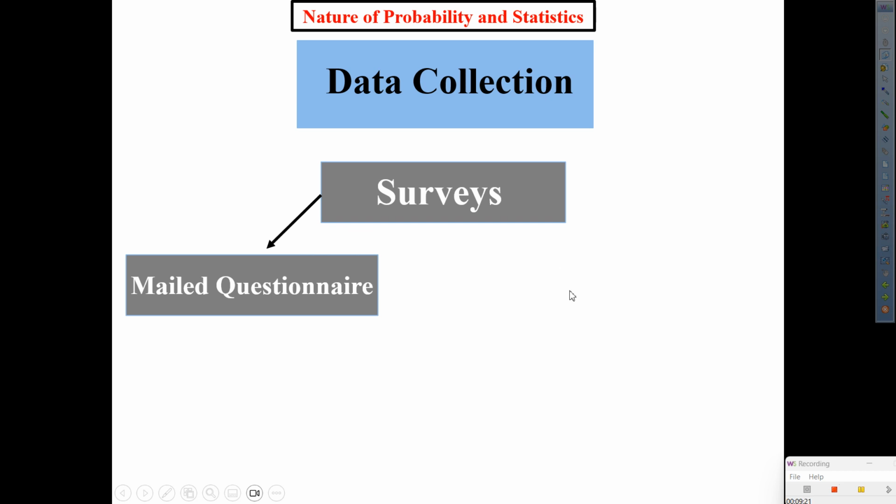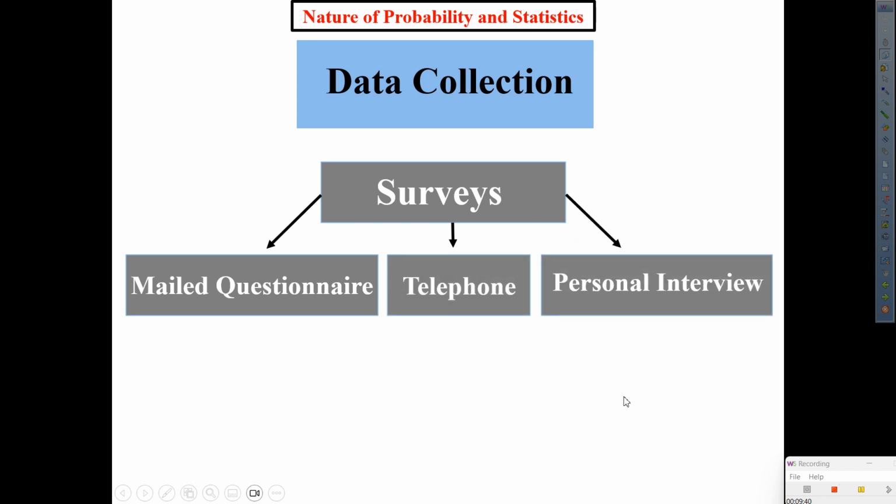Another one, very common. You've probably gotten some of these calls via phone. They're like, yes, we're calling from, do you have like 5 minutes of your time? That's a very common one. Telemarketers, you guys heard that, right? And the third one, you probably bumped into people at the mall. Personal interview.